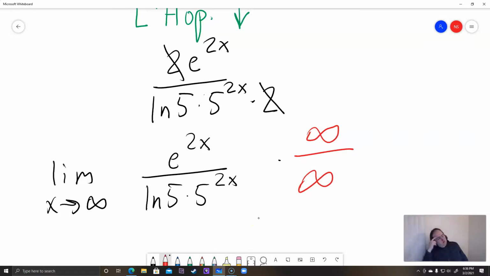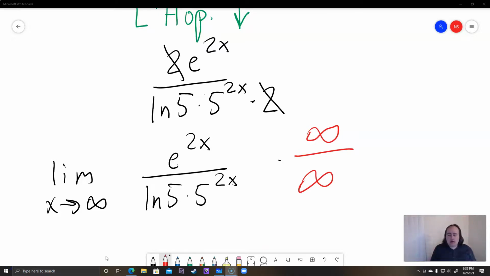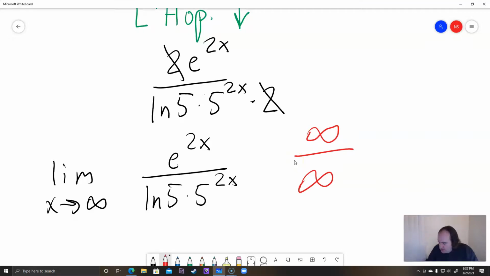Okay, so how can we be more creative here? There's a lot of different approaches you can take, but the one that they use on my math lab I actually like really well. So as you can see here, if we do this limit again, we just get infinity over infinity, and you could just keep doing L'Hopital's over and over again, but you're still going to get infinity over infinity, which is indeterminate.